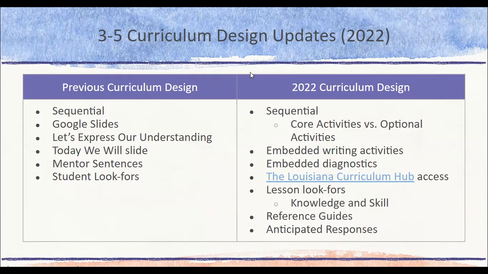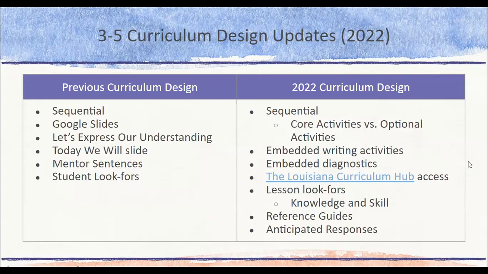You can add in the chat any differences that you notice from the previous curriculum design to the 2022 curriculum design. All right, I see embedded writing activities and embedded diagnostics, core versus optional, embedded writing. Yes, absolutely.